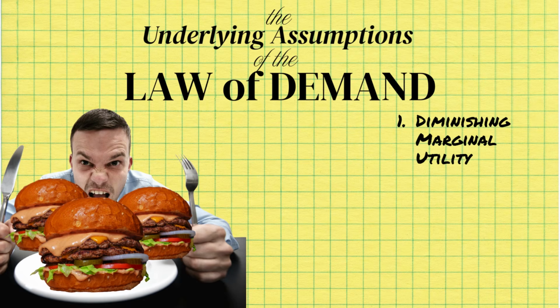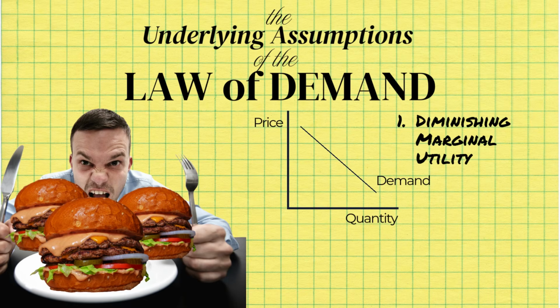The law of diminishing marginal utility states that as a consumer consumes more and more units of a good, the additional satisfaction, marginal utility, derived from each successive unit decreases. Because consumers gain less and less extra satisfaction from each additional unit, they will only be willing to buy more units if the price of the good falls. This supports why the demand curve slopes down.